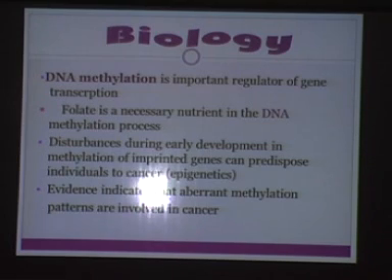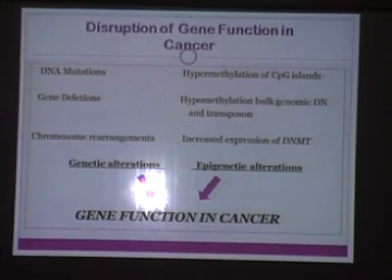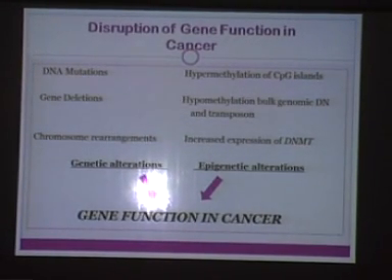How does this actually happen? DNA methylation is an important regulator of gene transcription. Folate is a necessary nutrient in the DNA methylation process. Disturbance during early development in the methylation of imprinted genes can predispose the individual to cancer. Evidence indicates that aberrant methylation patterns are involved in cancer. We know that disturbance of gene function is a major pathogenesis mechanism of cancer.